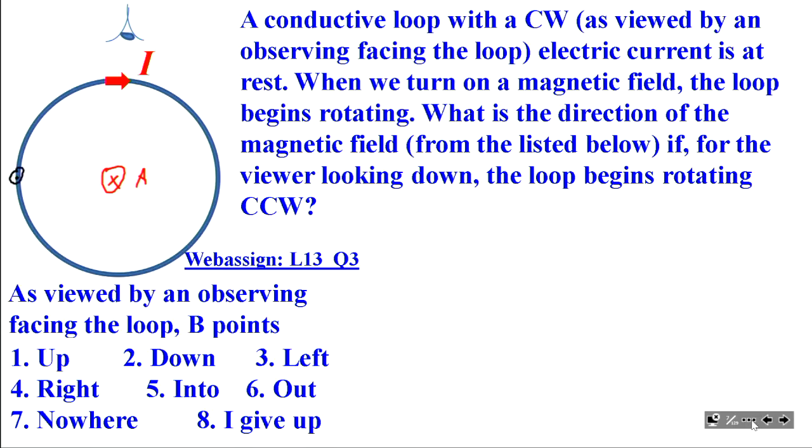Toward us, that's velocity. Away from us, velocity. And this motion, like this, can be used in combination with the right-hand rule to show the direction of a torque.